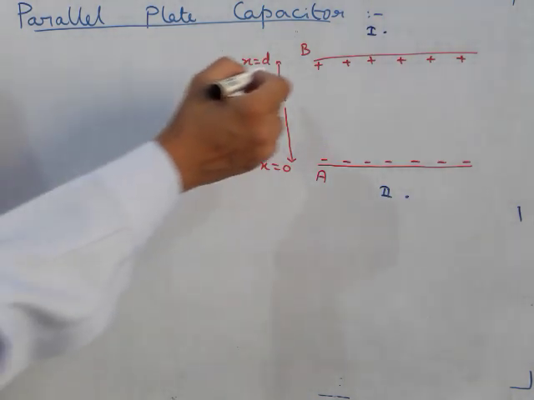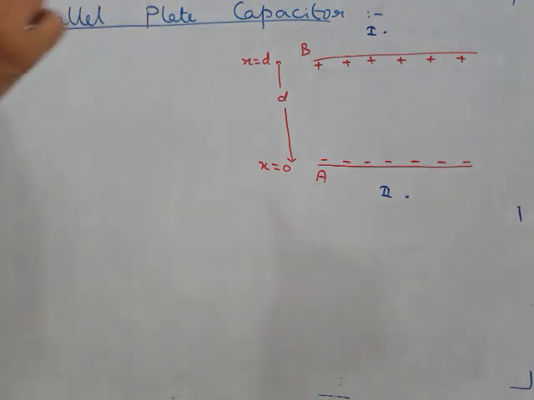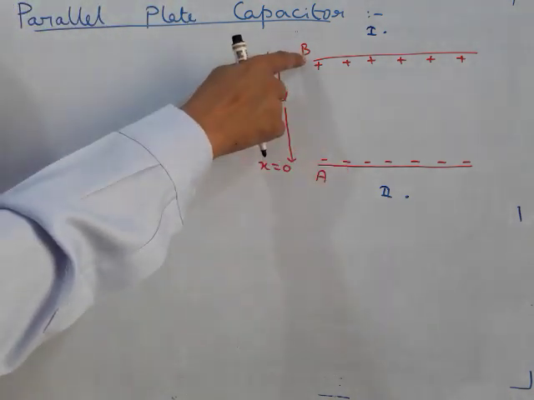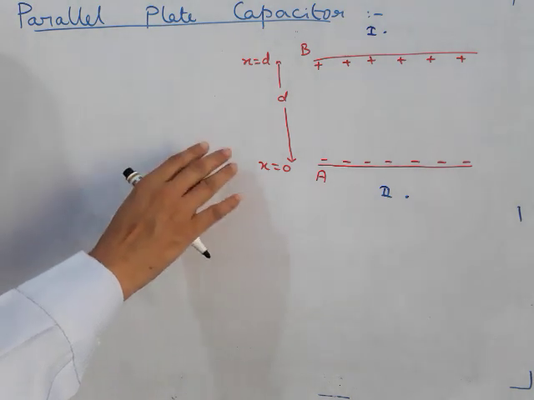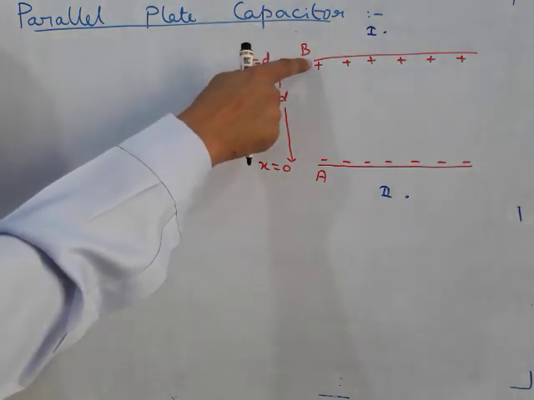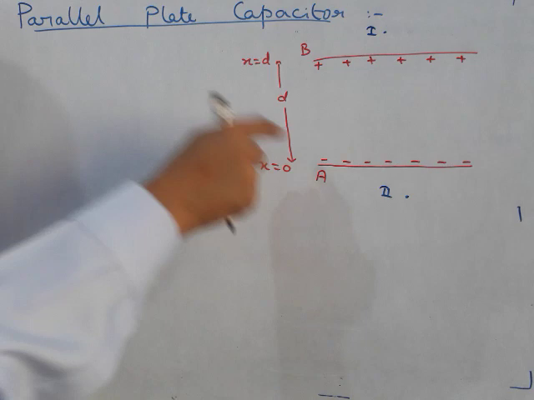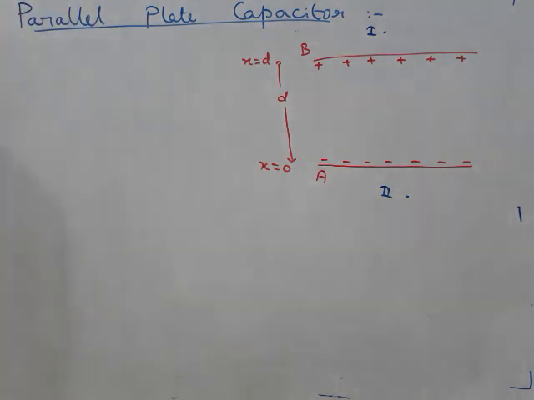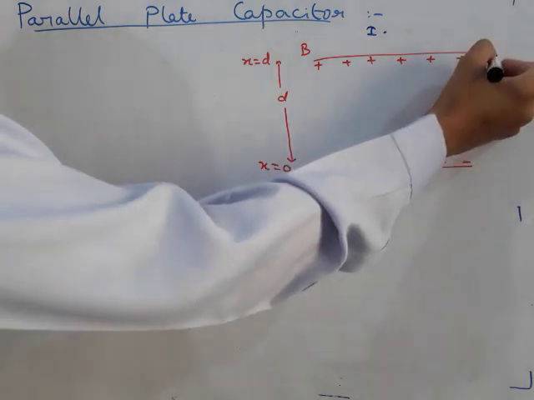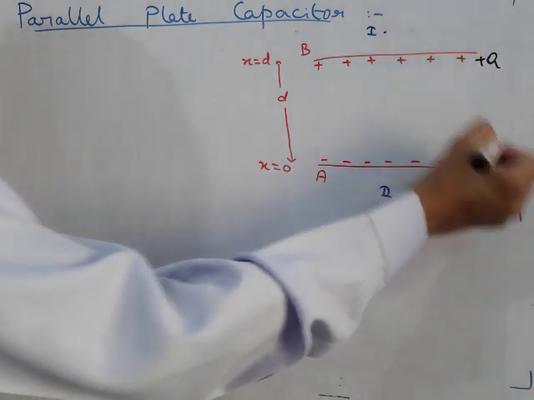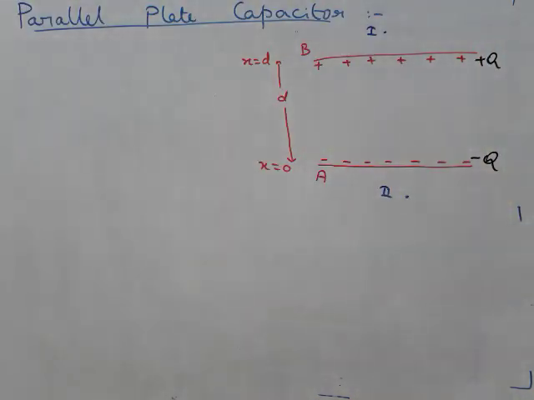Here we have a schematic representation of a parallel plate capacitor. These two are the plates. They have been connected to a battery, because of which they got charged. So B acquires positive charge, A acquires negative charge. Suppose the charge on these plates be plus Q and minus Q.